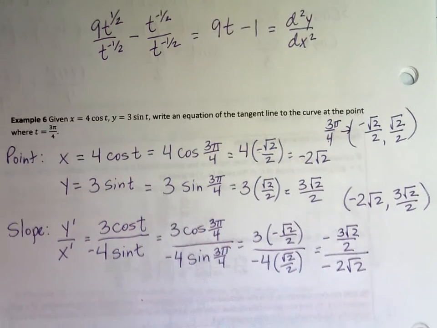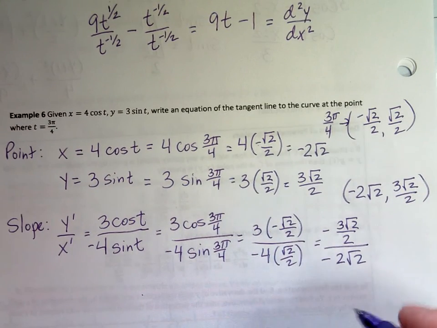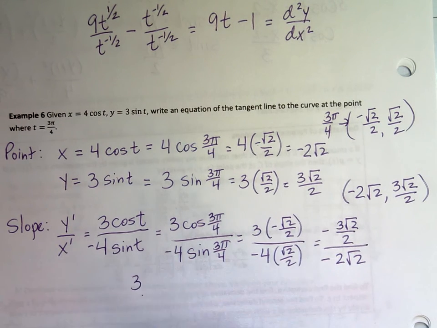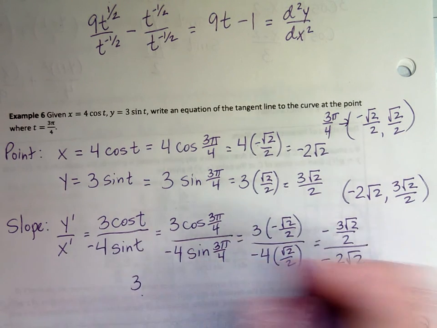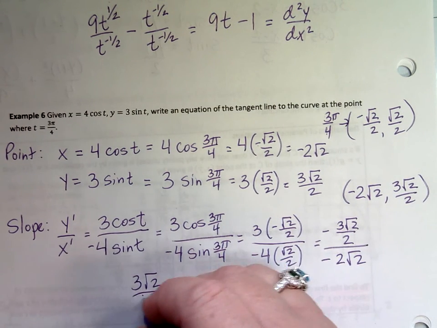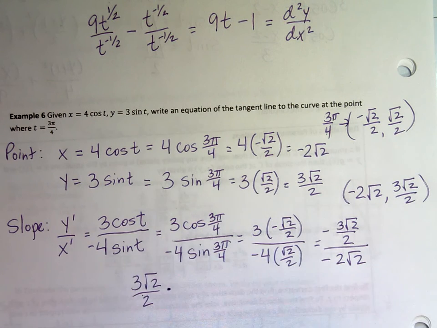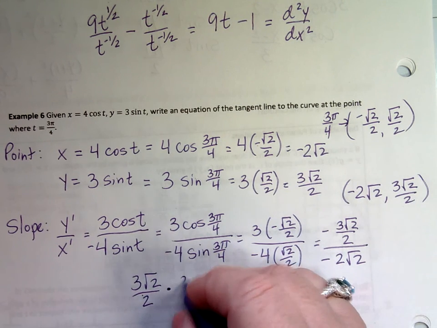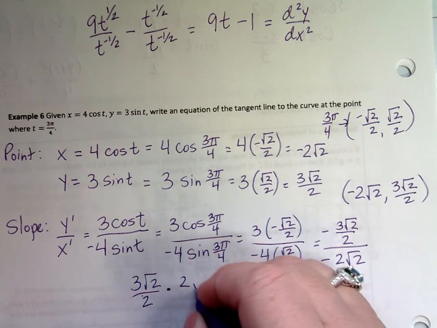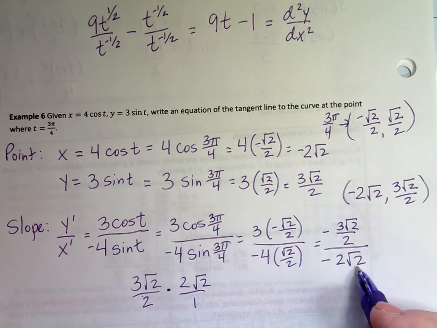So what I really have is, remember, I'm trying to get to a number because this is the slope. 3 square root of 2 over 2 divided by 2 square root of 2 over 1. Right, you divide, so you multiply by the reciprocal. And so here's what I've got.